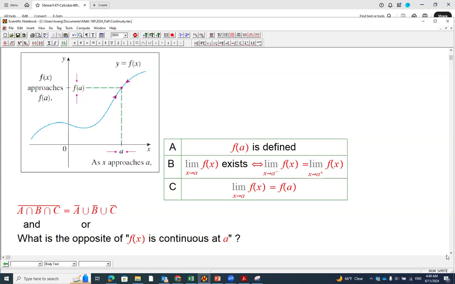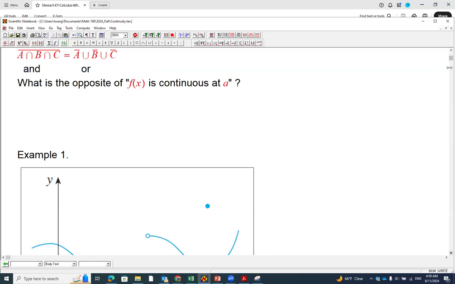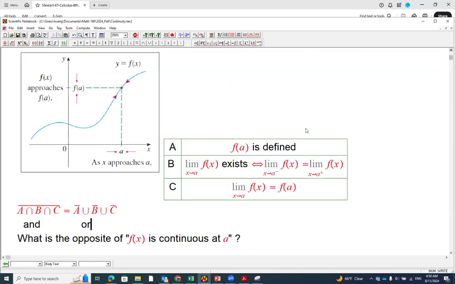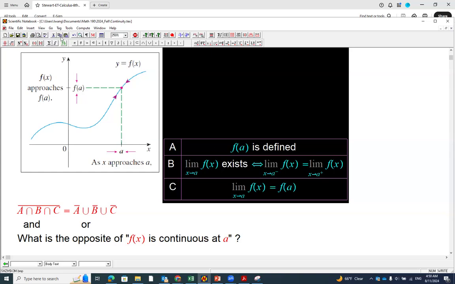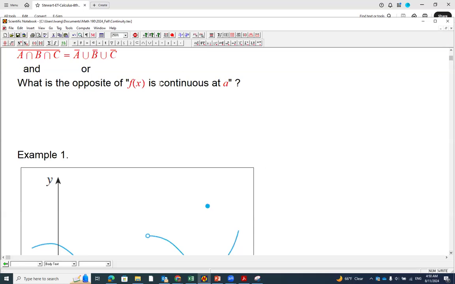Using this logic as our starting point, we're going to analyze both continuous and not continuous.